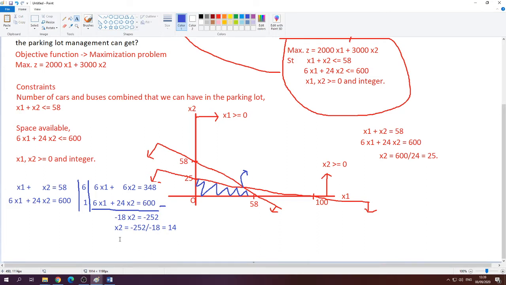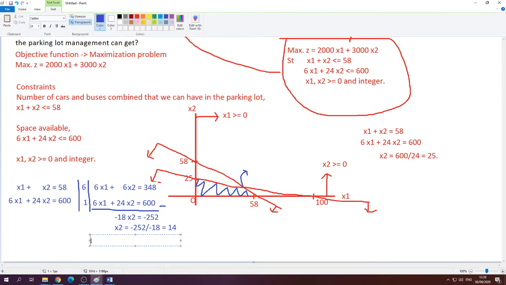So when x2 equals 14, we know that x1 plus x2 equals 58. So x1 plus 14 equals 58. So this means x1 equals 58 minus 14, and that equals 44.